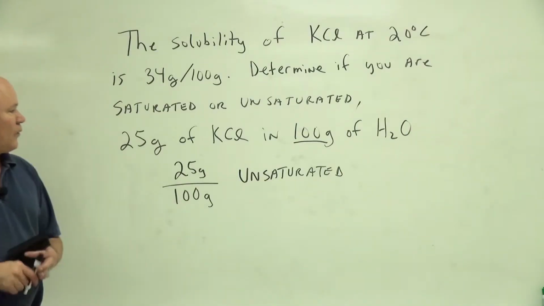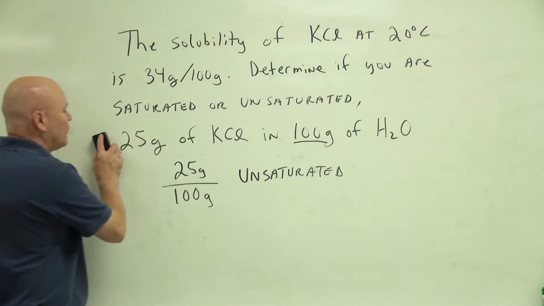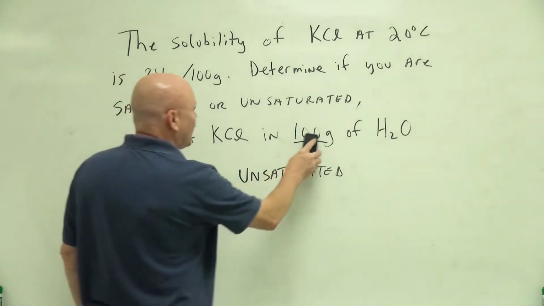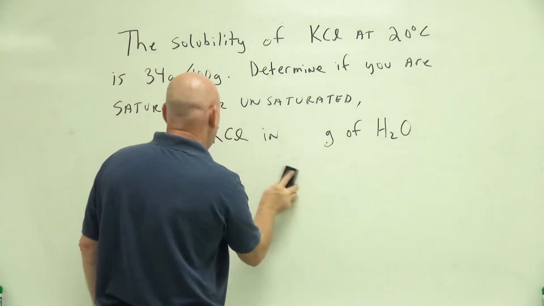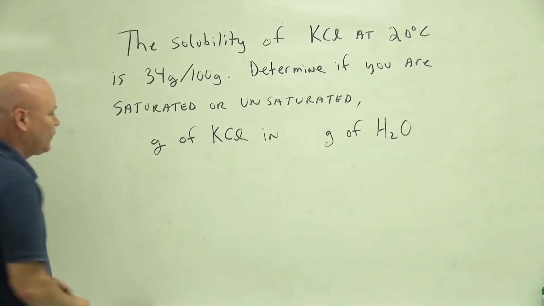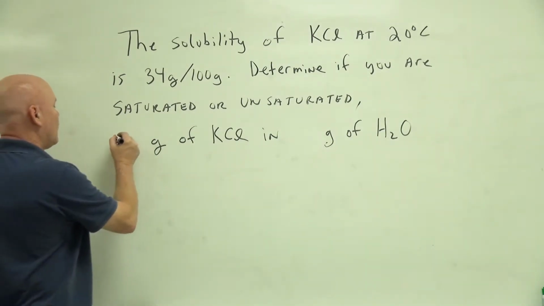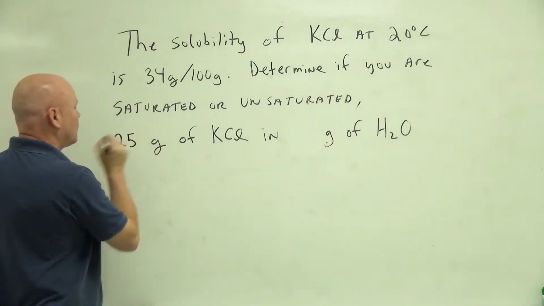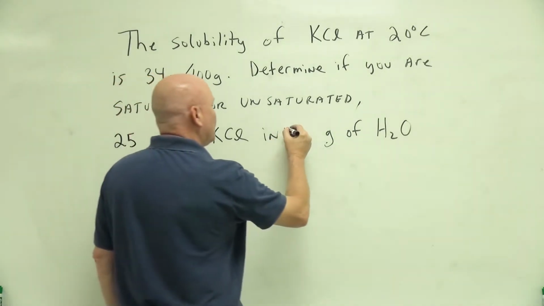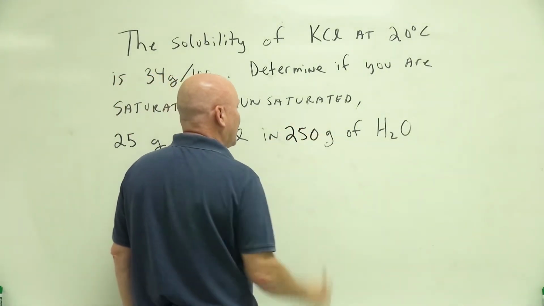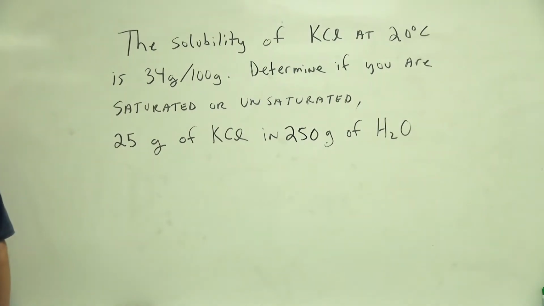So what if we were to try a different amount? Let's just leave that up there. And we don't have 100 grams. So what will we do then? Well, let's say we had 25 grams in 250 grams of water, what would we do?